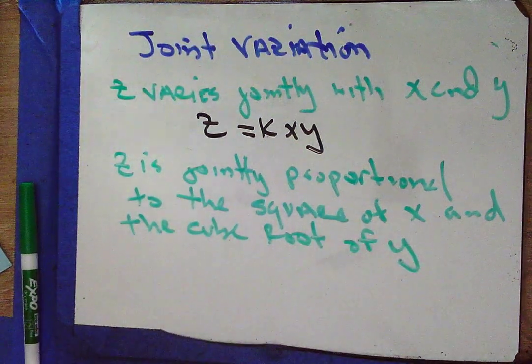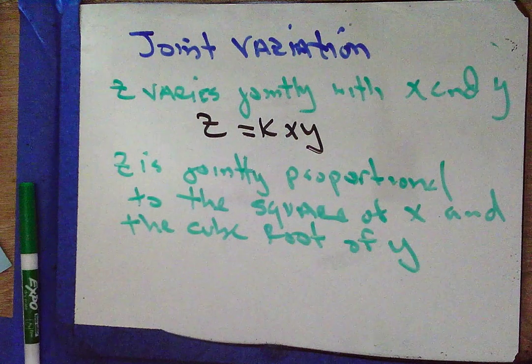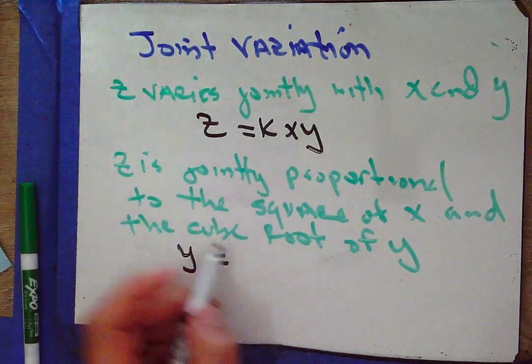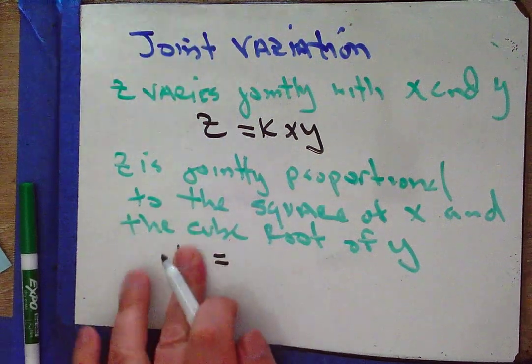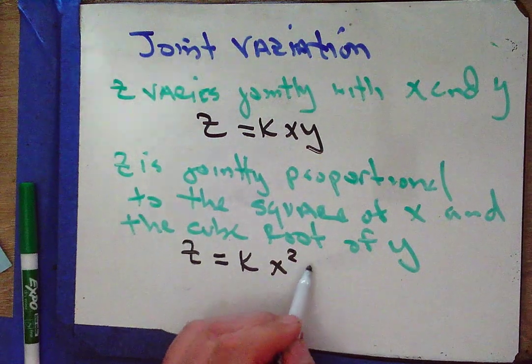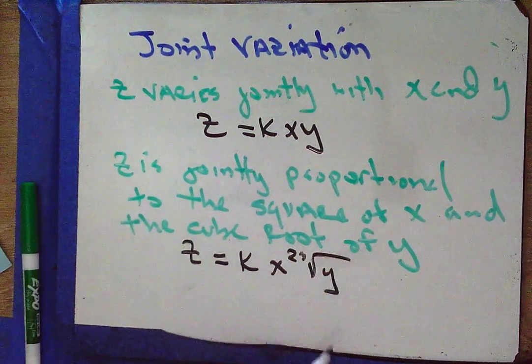You know, something that combines the nth power thing that we were talking about before. And so what would this model look like? Z equals k x squared cube root of y.